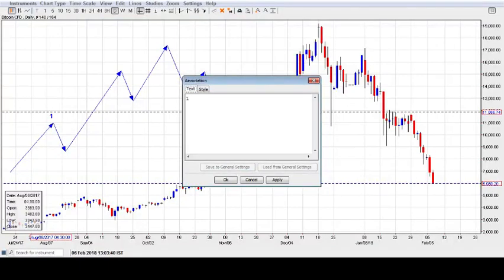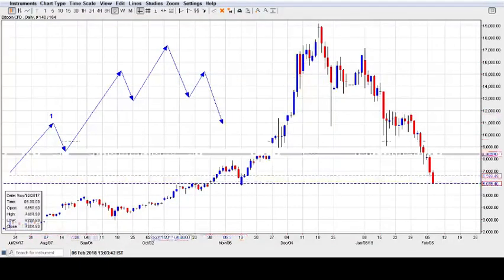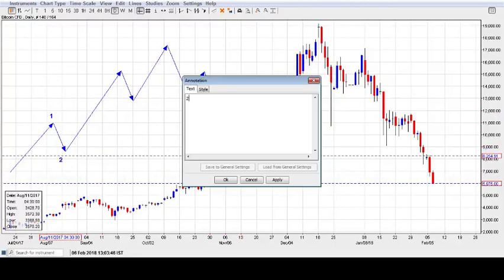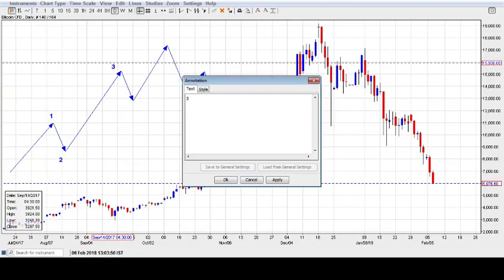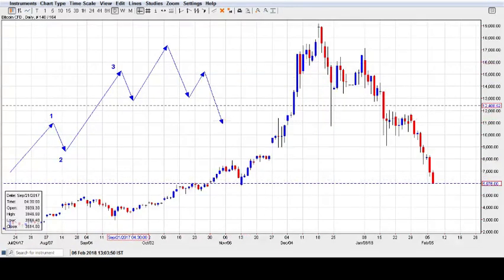And believe it or not, if you can just count 1 2 3 4 5, and on the other side, if you can count ABC, that's what it is all about precisely.